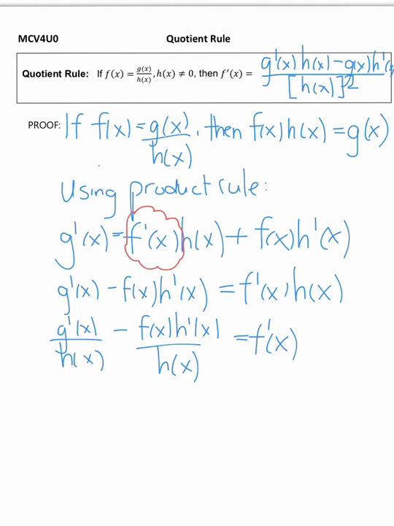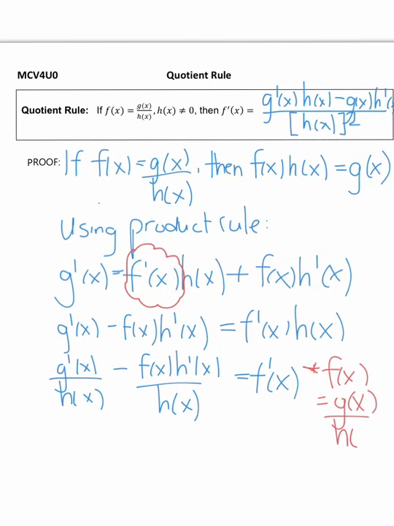Okay, and now we can see that we're getting close to the derivative from above, but of course we don't have an f of x up above. So we're going to take f of x and replace it. We know that f of x, from our definition right above, equals g of x over h of x.